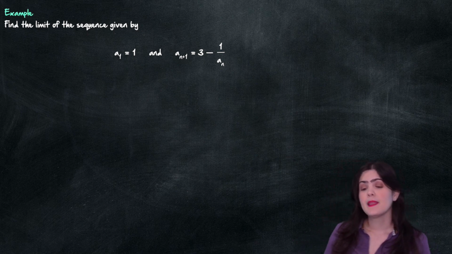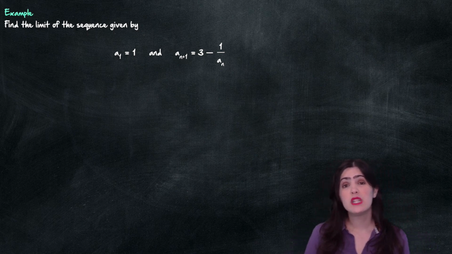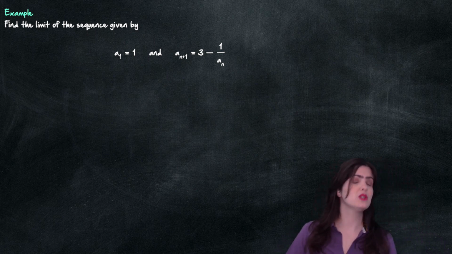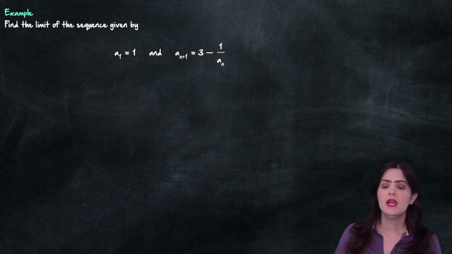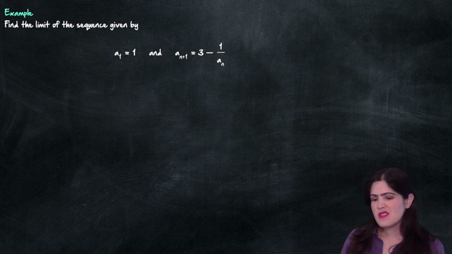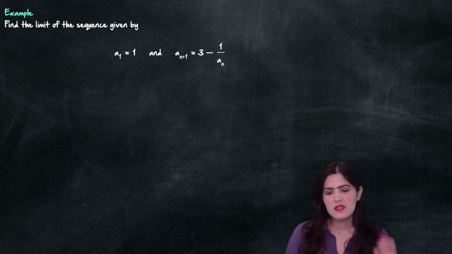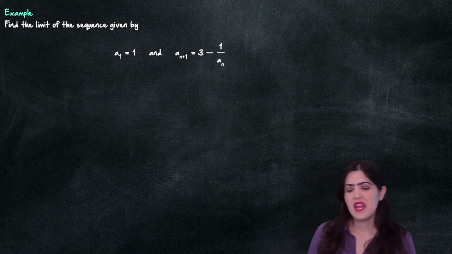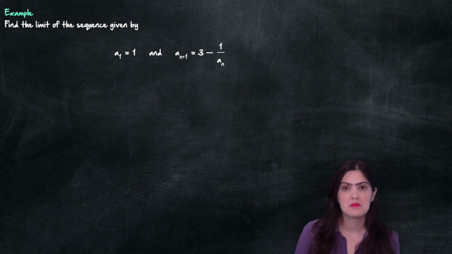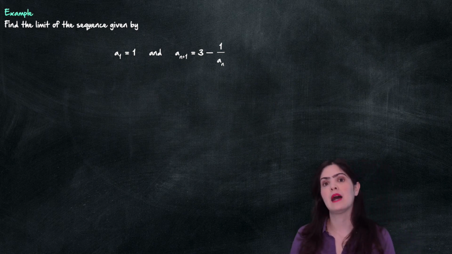But let's see. Could this be increasing or decreasing, or is it bounded? Let's try to ask ourselves questions. It seems that, well, I have 3 minus 1 over a_n, so could it be going up? Could it be going down? I don't know. But we could explore some values and see.